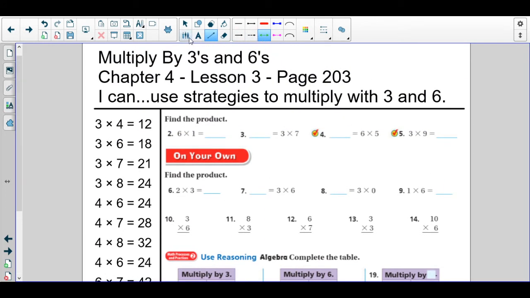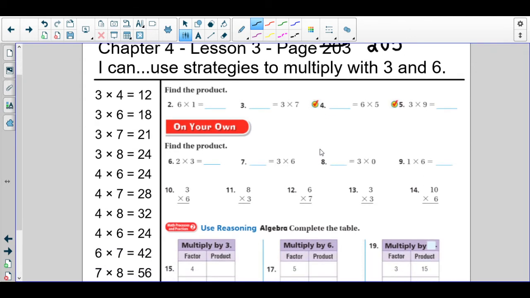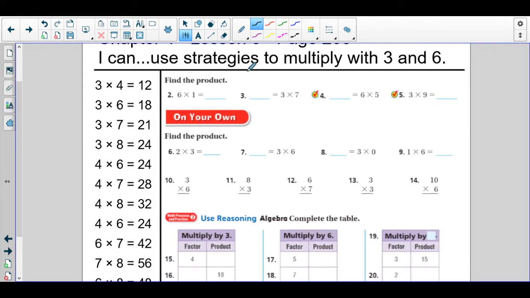We can go ahead and just mark that out and say 205. On page 205, we're not even going to do all of the show and share and on your own like we've done. We're going to do this a little bit differently. Let's take a good close look at some of these questions.